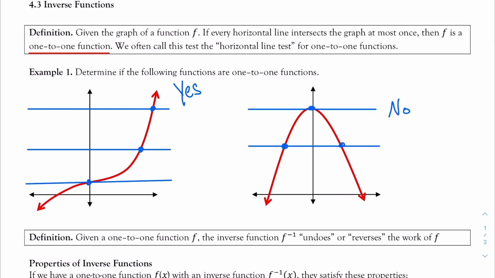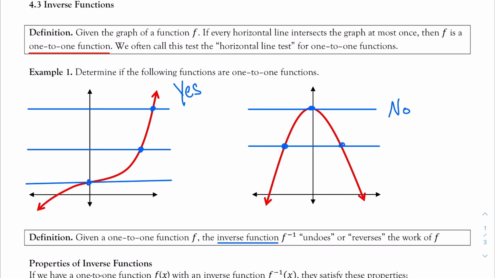So now we can finally define the inverse function. If I have a one-to-one function, then I can find the inverse function. Here we denote it with an f to the -1. It looks like a power, but it's actually a superscript. This inverse function undoes or reverses the work of my original function. In particular, we have this one very nice property of the inverse function.